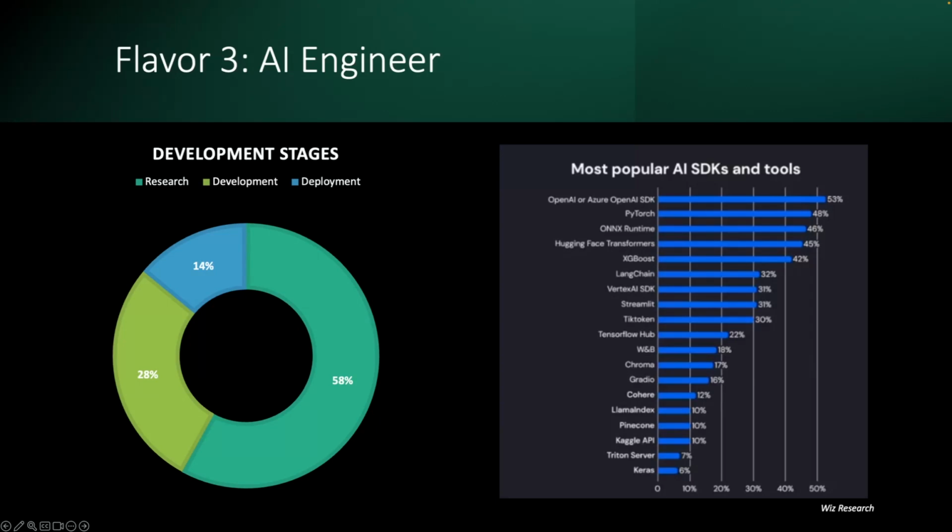And if you look at the left side, you can see that most teams are still very much in the research or experimentation phase, and not very much so in the development and deployment phase. The reason for this is that there is a lot of risk around handling external inputs, such as interactions with users. So it's okay to have internal chatbots, but the risk levels just rise when you're exposing things externally.